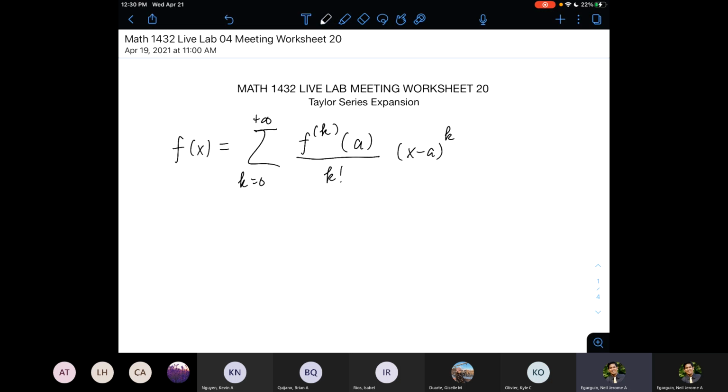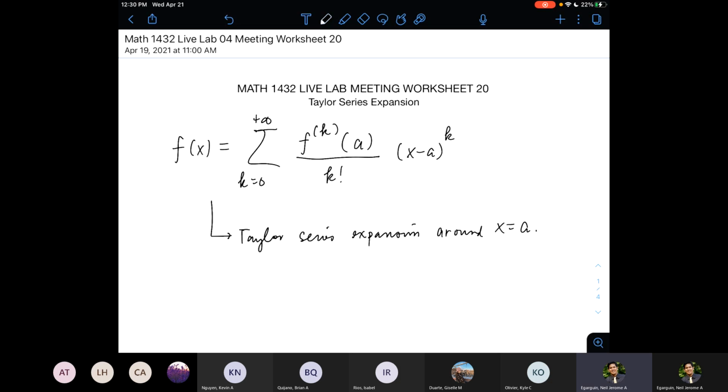This is what we call the Taylor series expansion about x equals a, or around x equals a.